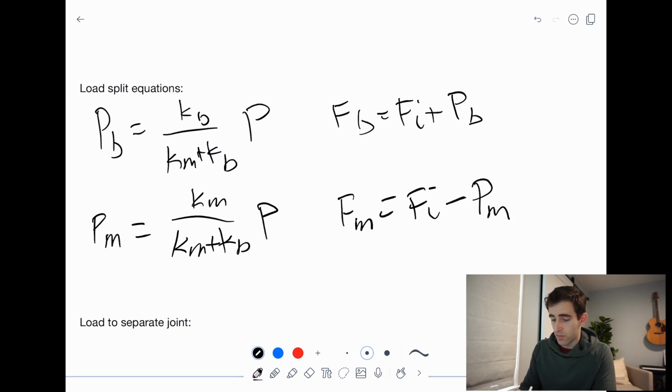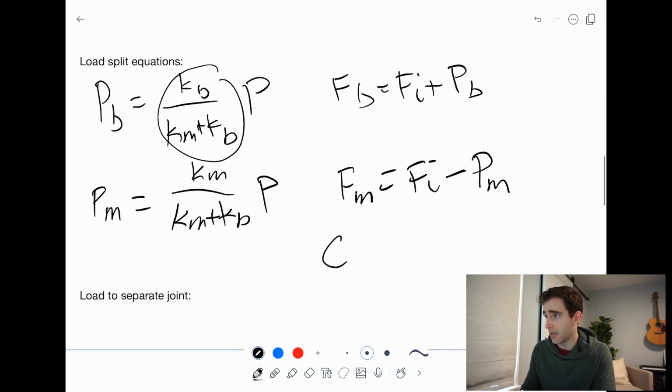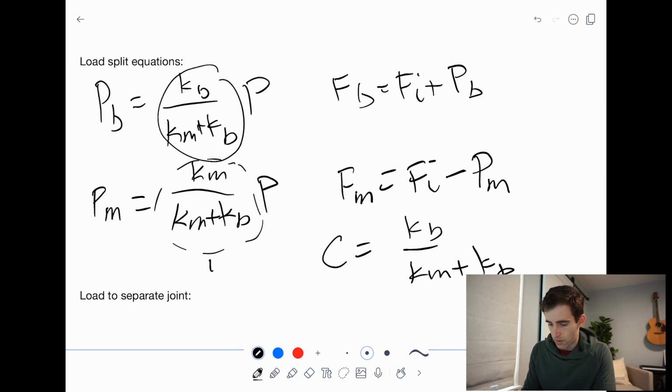A lot of times this Kb over Km plus Kb right here we'll call C. We often say C equals Kb over Km plus Kb. And then this part, you call this bit here 1 minus C.